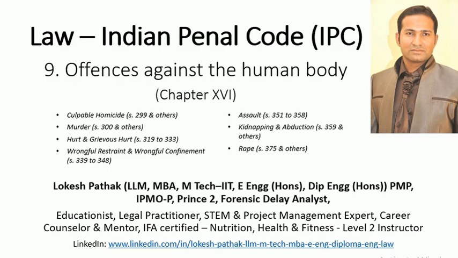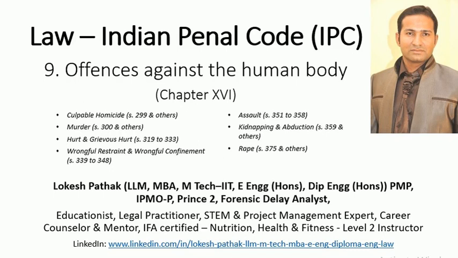Or in legal terms, you can say it is causing death by doing an act which has three conditions: number one, an act with the intention of causing death; number two, with the intention of causing such bodily injury as is likely to cause death; or third, with the knowledge that he is likely by such act to cause death.